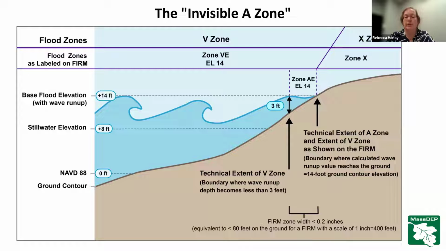And so there is actually a transition. You're not missing anything, but it's just not mapped. And so that top of the wave, the elevation 14 for the V zone, is what you're going to see in those areas where it's transitioning much more quickly. So, next.